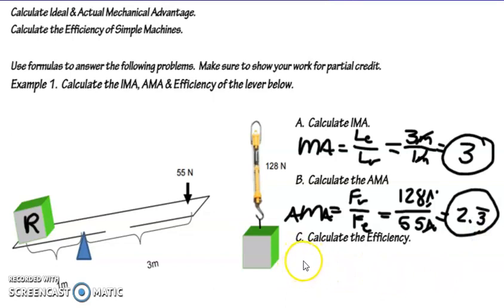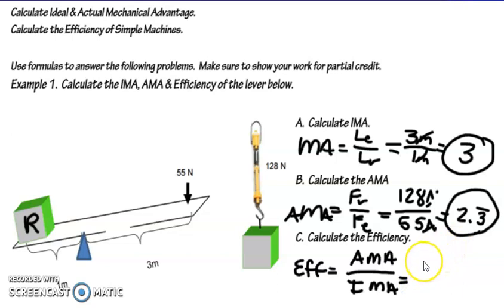Anyway, so to calculate the efficiency, it is the AMA over the IMA. So that's what you actually got out of the machine over what you ideally thought you would get. And that makes sense because it'll never be over 100%, ever.